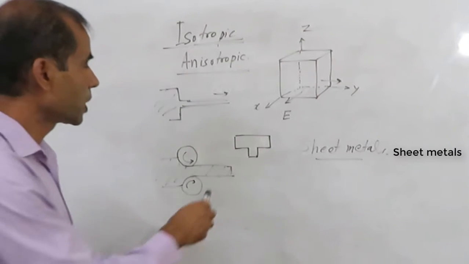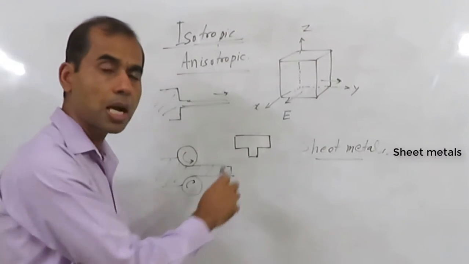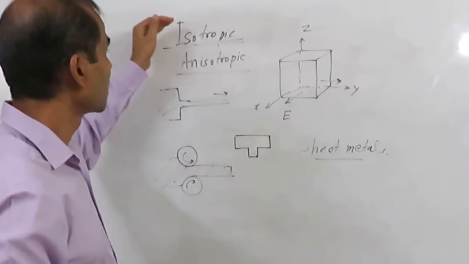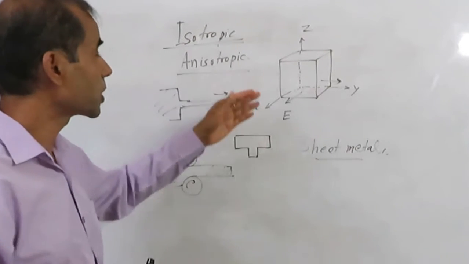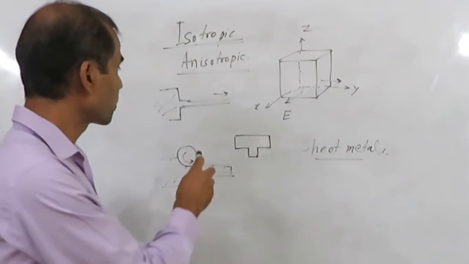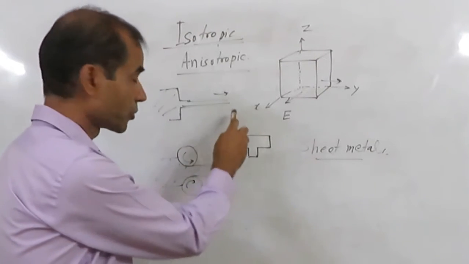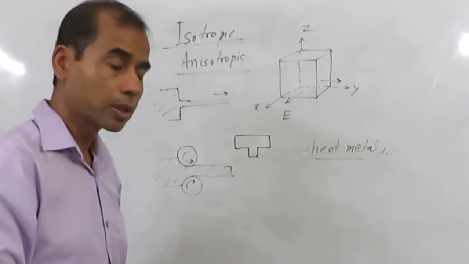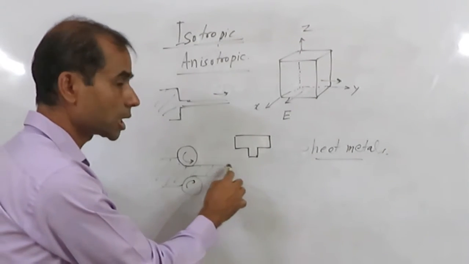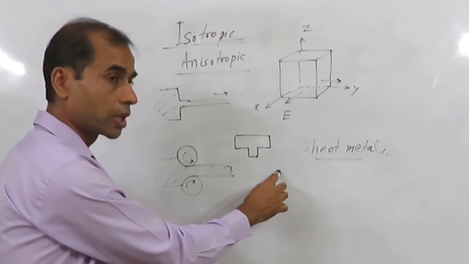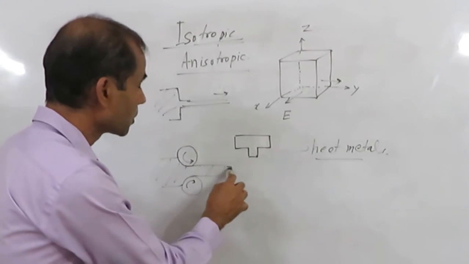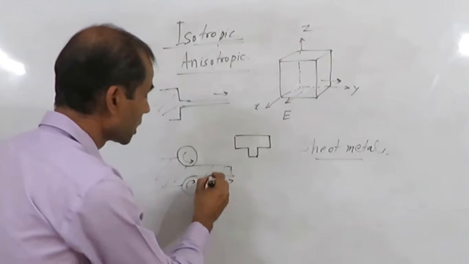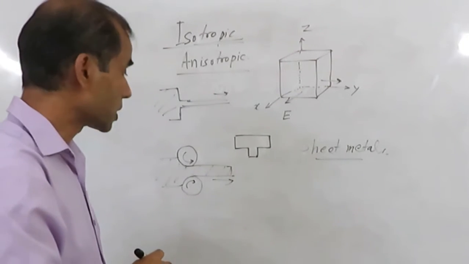So among these, if we think about method such as casting or powder metallurgy, it will produce an object which is more or less isotropic. That means the properties are same in all directions. But if we produce things by drawing or by rolling, in this case the material will be anisotropic, because we are deforming the material in certain direction, in one fixed direction. So therefore the material will have properties which are different in the direction of drawing, compared to perpendicular to this one.